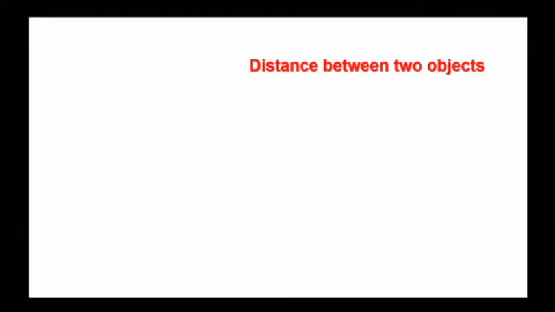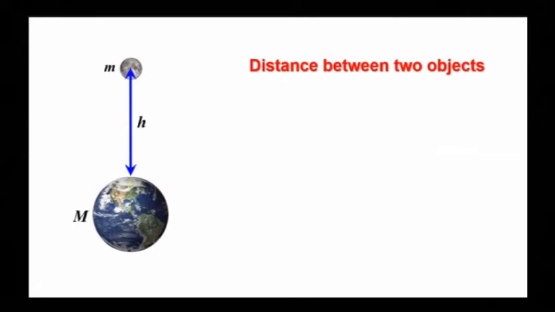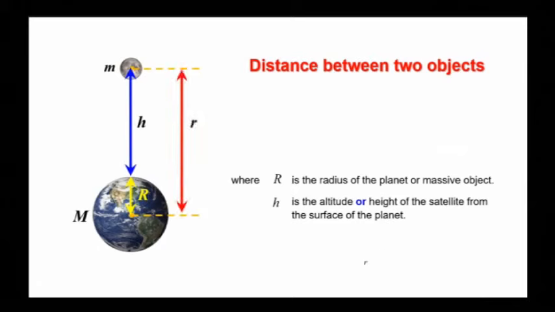How about the distance between two objects? Let's consider a satellite above the surface of Earth or a planet in general. From the diagram, we can see that R is the radius of the planet or massive object. H is the altitude or height of the satellite from the surface of the planet. And r is the distance between two objects from their centers or orbital radius.